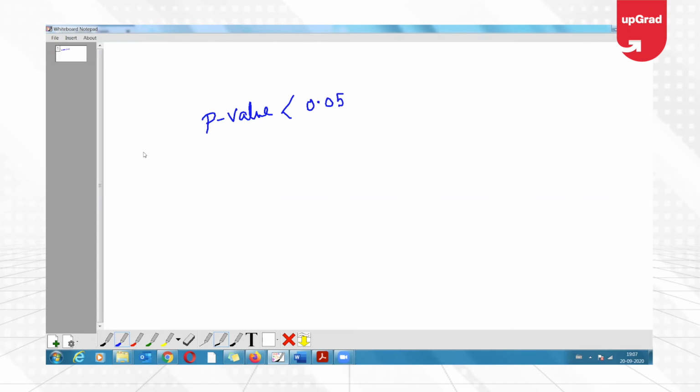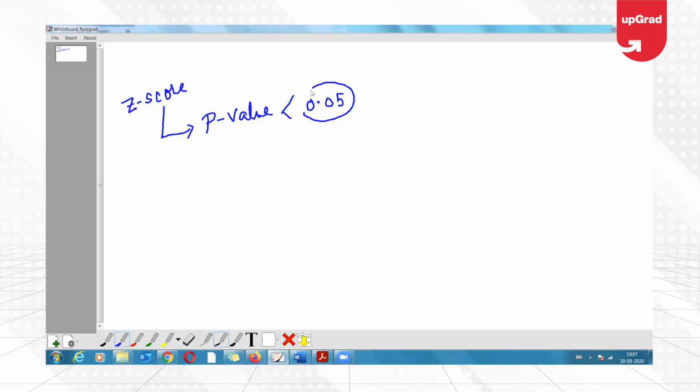How do I get the p-value from the z-score? So now we'll learn a shortcut. In order for the p-value to be less than 0.05, let's find out what that z-score is.